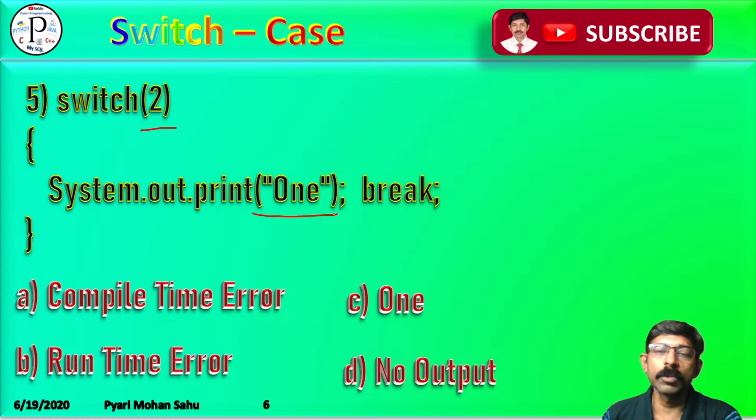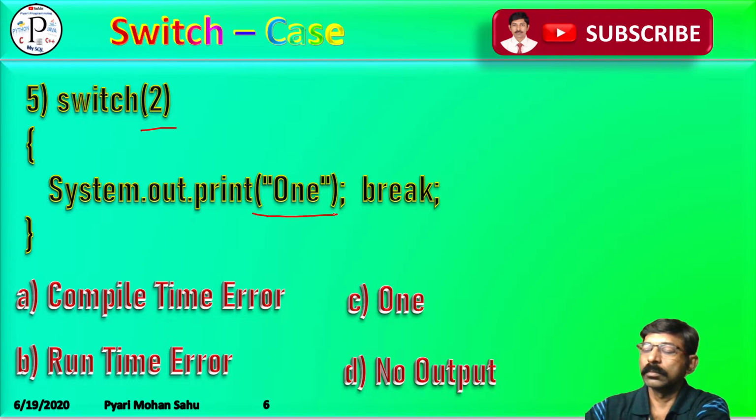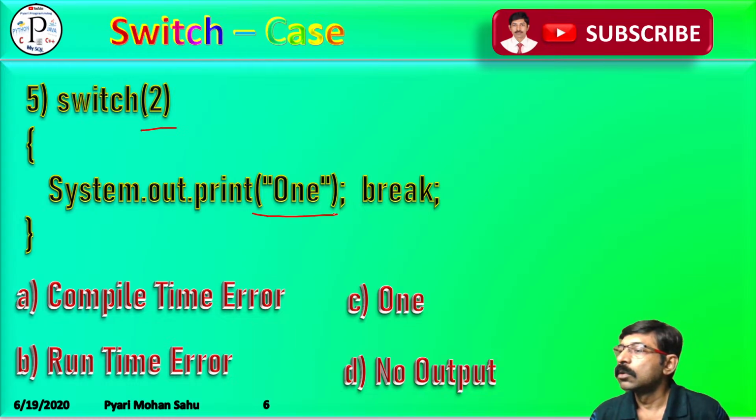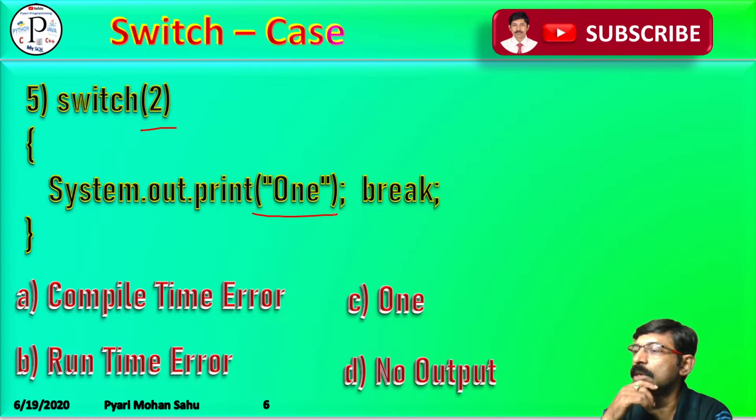If it is an error, you have to specify the reason of the error. Swastik Raut says C. Ayushman, compile time error. I said those who are saying compile time error or runtime error, they have to specify the reason.